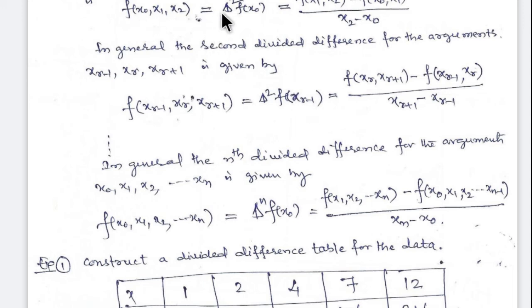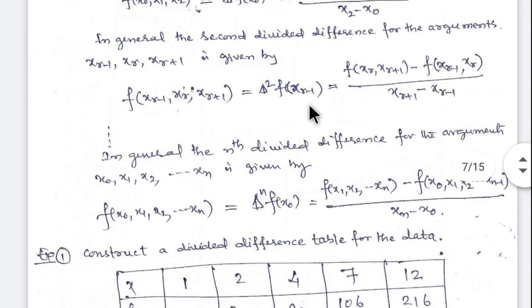This is f of xr, xr plus 1, the middle and last, minus f of xr minus 1, xr, the first and middle, finally divided by xr plus 1 minus xr minus 1, the last one minus the first one.